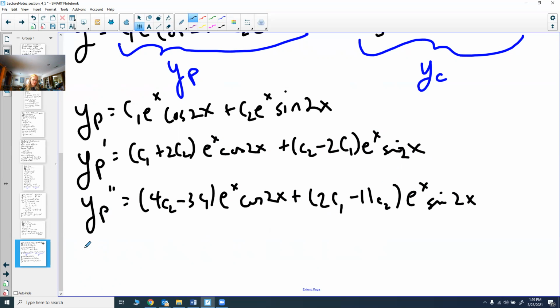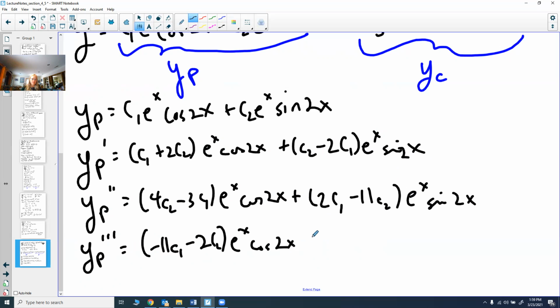And we're doing the triple, so we're going to do y triple prime. And that will be minus 11c1 minus 2c2 e to the x cosine 2x plus 2c1. Oops, I just realized I got these backwards here.